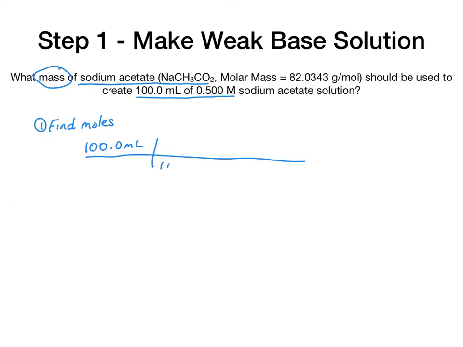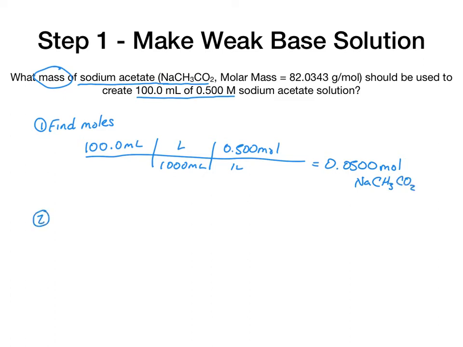I'm going to convert the milliliters to liters, and I'm going to use the concentration to find the moles of sodium acetate that are needed for this solution. Moles of NaCH3CO2.